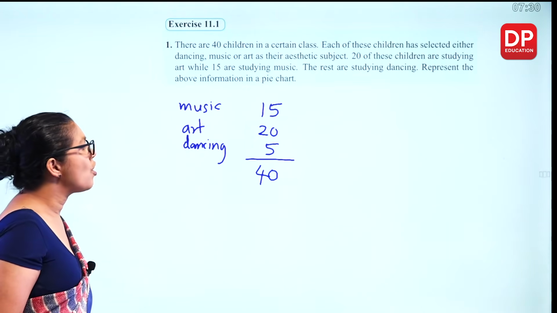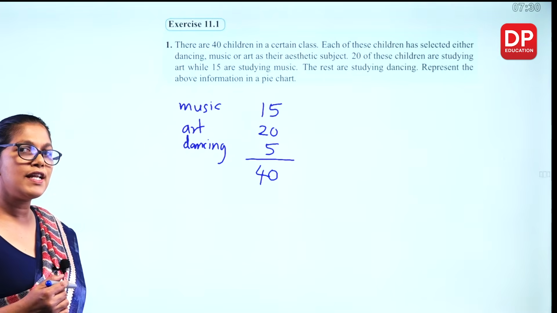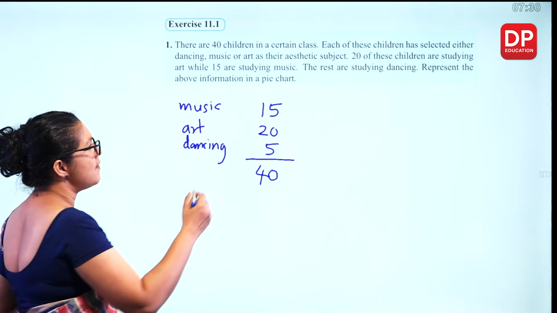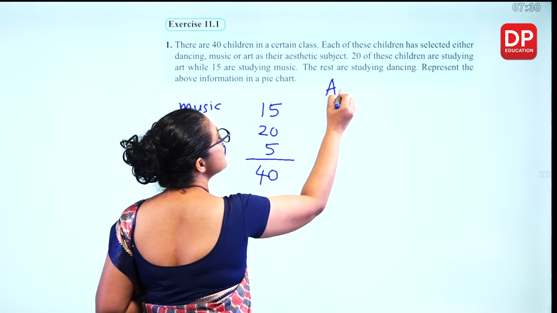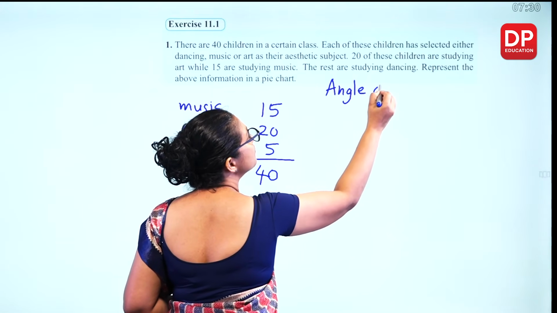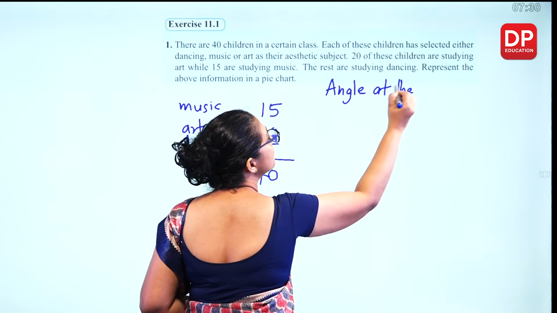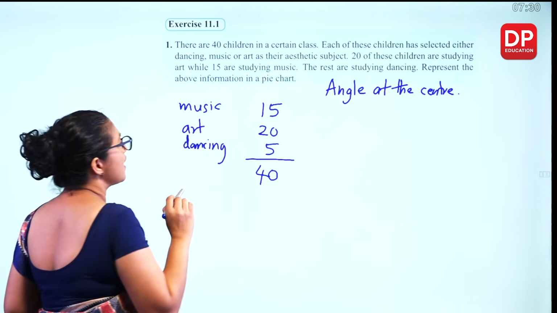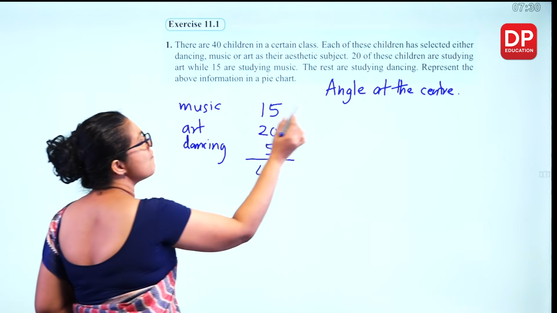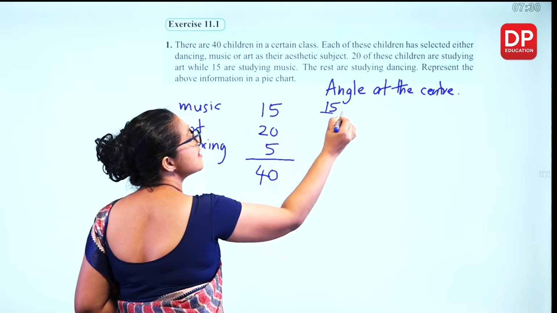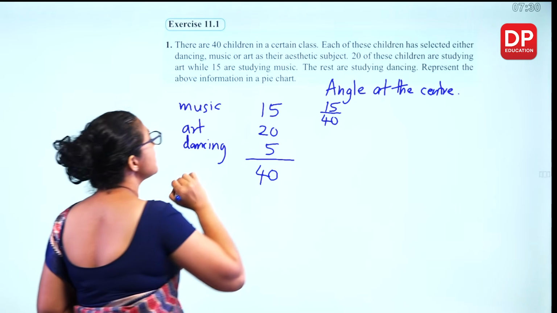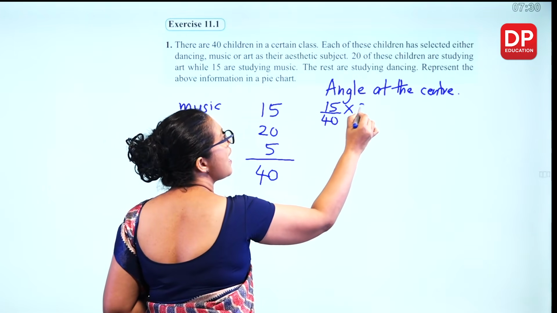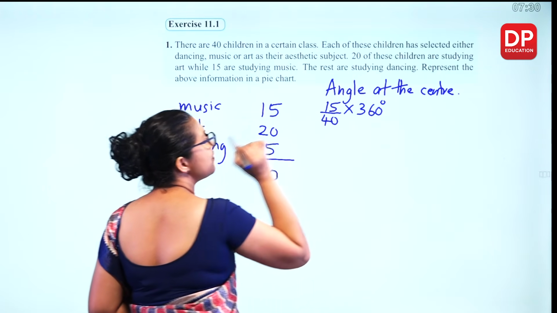So how can we draw a pie chart? First thing we need to find out is the angle at the center. Altogether 40. 15 students out of 40 are studying music, and to find the angle we multiply by 360.